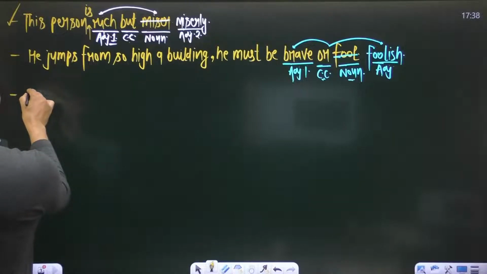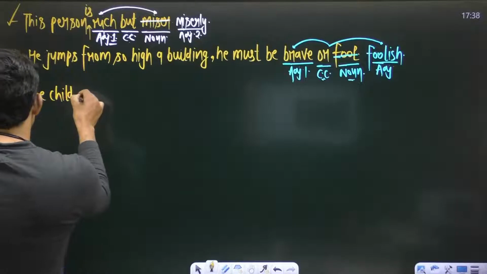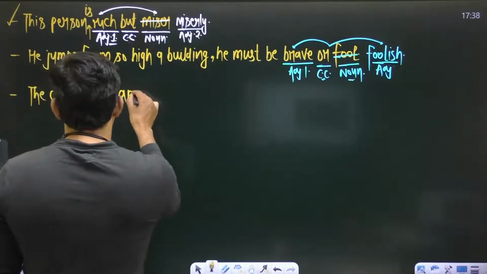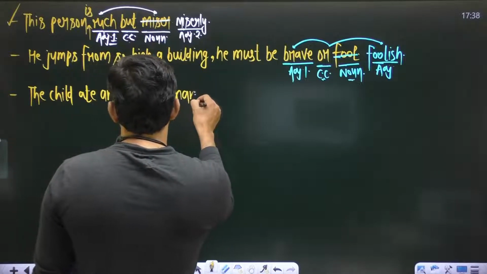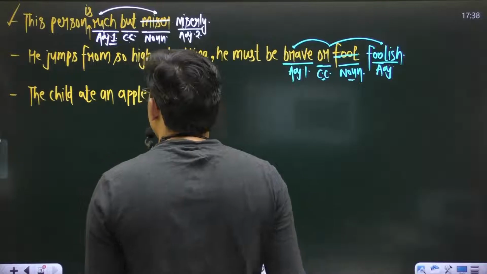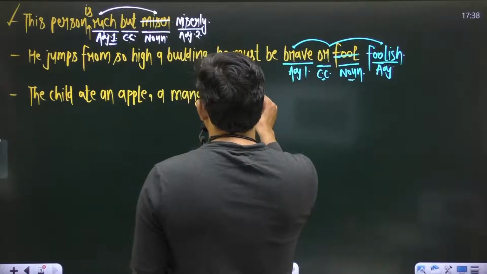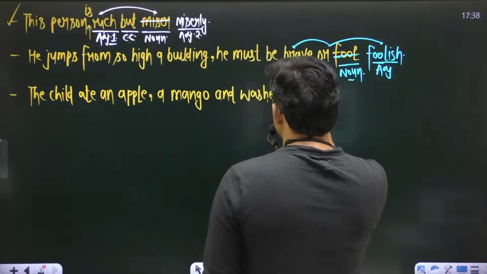Now the sentence is, the child ate an apple, comma, a mango, and washed his hands.